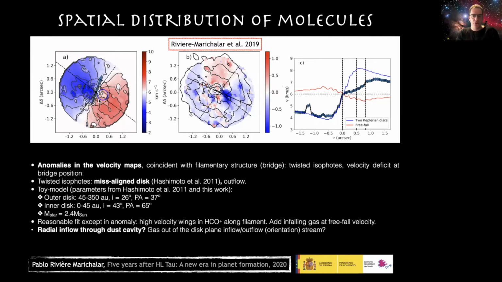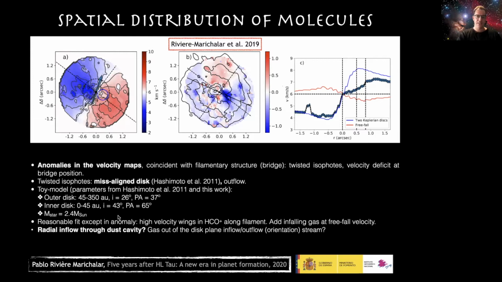Aiming to see how we can explain the anomaly observed in the velocity field, we developed a toy model consisting of two protoplanetary disks, an inner one extending out to 45 AU, and an outer one extending out to 350 astronomical units, with the inclination and position angles that you can see here.